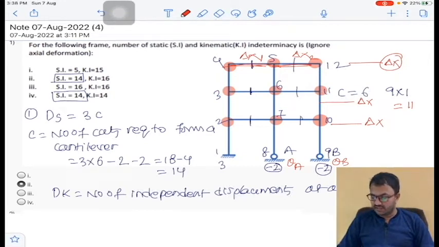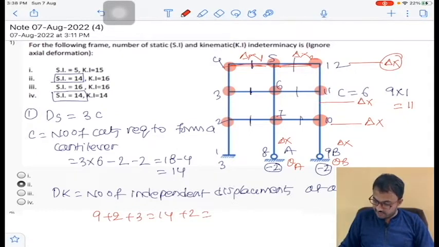So 3. So 9 plus 2 plus 3, it is 14. So the degree of kinematic indeterminacy will become 11 plus 3, and here one more delta x, here one more delta x at points A and B. So in total, this 14 will be added to 2, it is 16.